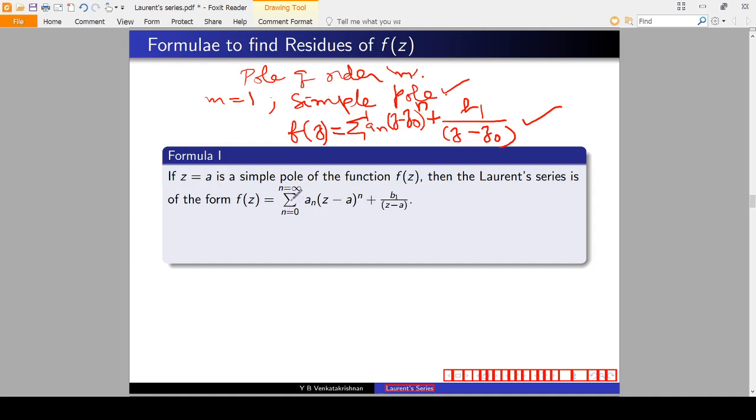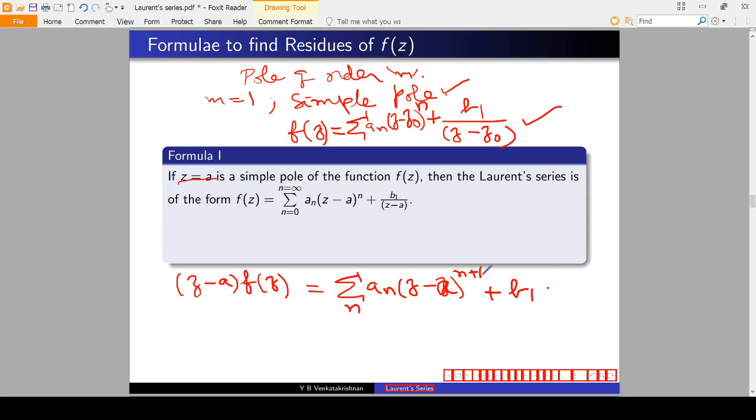Now here I have taken z is equal to a. So z0 will be a, and when I multiply this with z minus a, z minus a into f of z, when I calculate this, this will be summation an z minus a whole power n plus 1, where the index runs over n, plus b1.